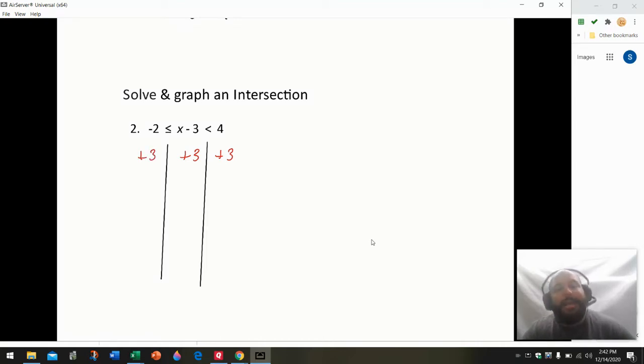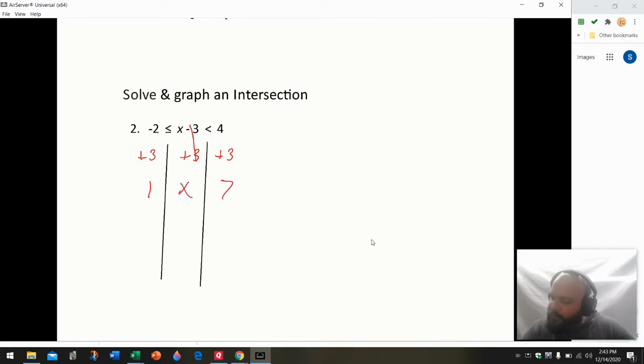Now notice I'm adding it in all 3 places. And the reason why is there are 2 inequalities. Therefore, we have to add the 3 in all 3 sections. Now this 3 cancels. Now these two numbers, -2 plus 3 is +1, and 4 plus 3 is 7.